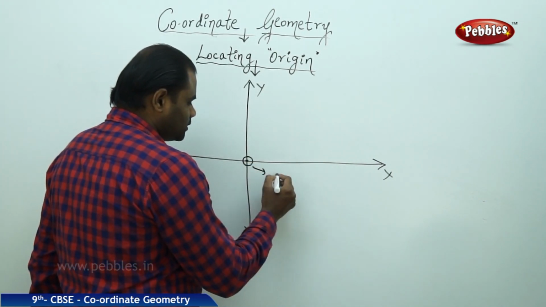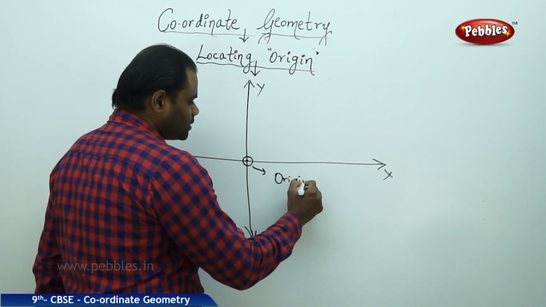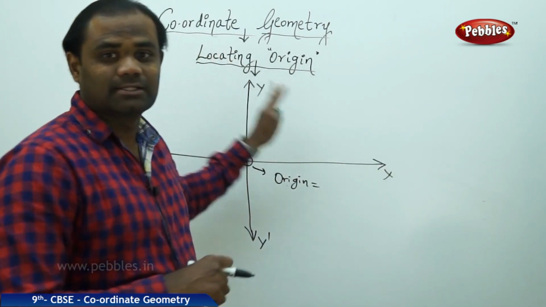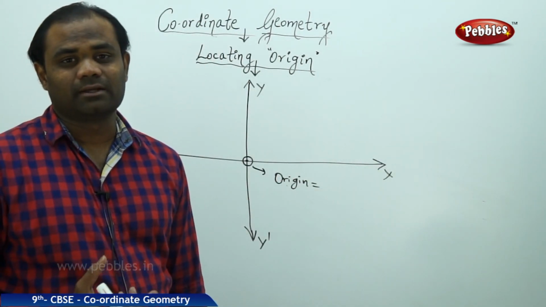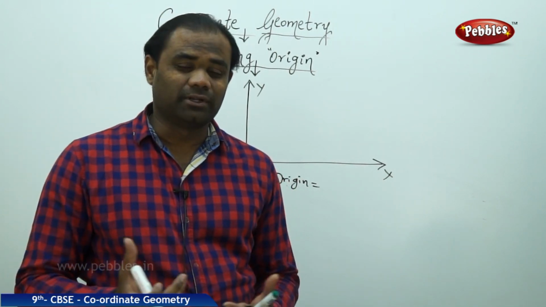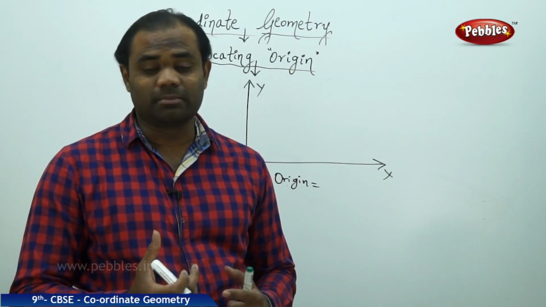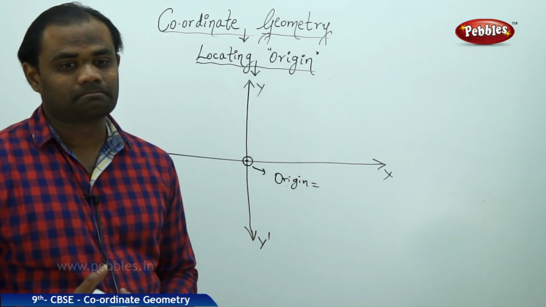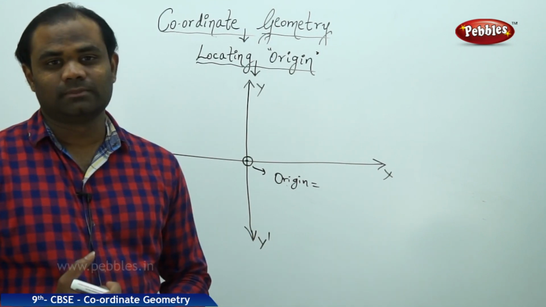Generally, the coordinates for the origin are also equally important because this point also lies in the Cartesian system. It lies in the plane at some position. So what are its coordinates? What is its x coordinate and what is its y coordinate is the biggest question in the Cartesian system. So what is the origin?